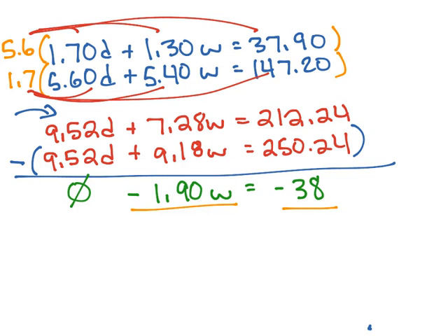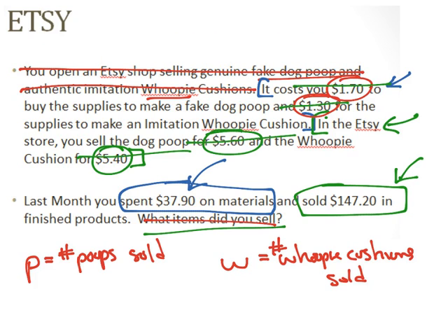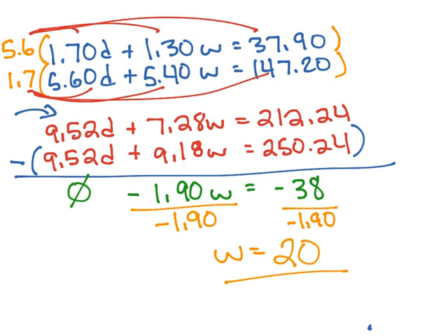We'll divide each side by negative 1.90 and discover that for our whoopee cushions, we've made exactly 20. So remember, put this back in context. What is W measuring? W is measuring the number of whoopee cushions sold. So this 20 is saying that we sold 20 whoopee cushions during that month.